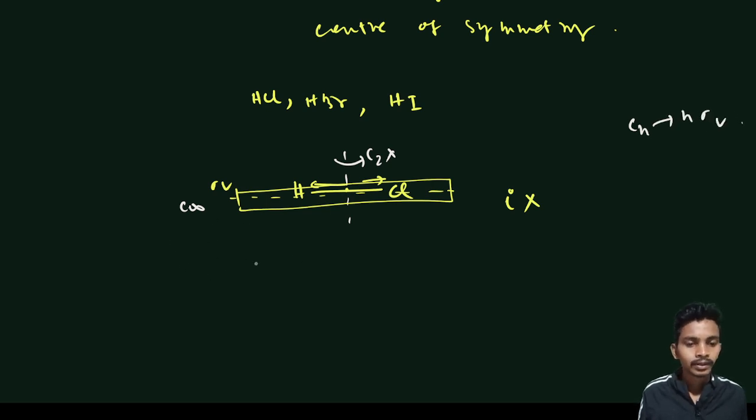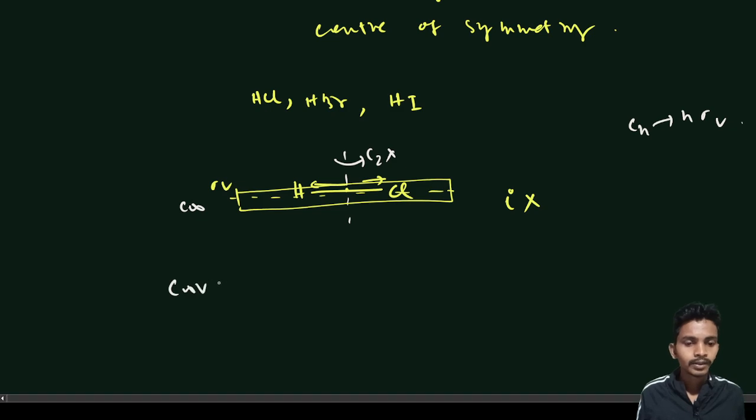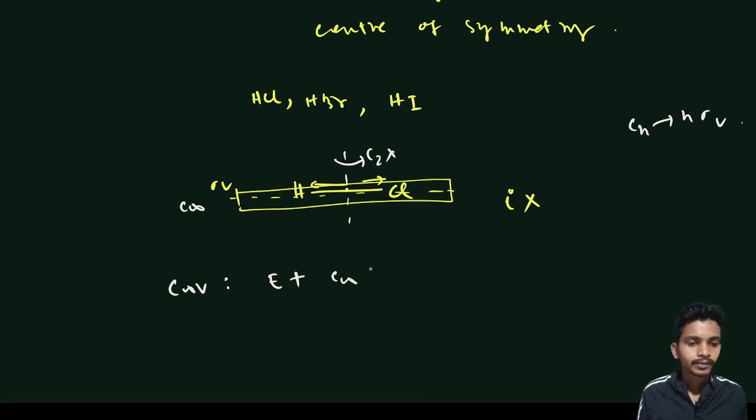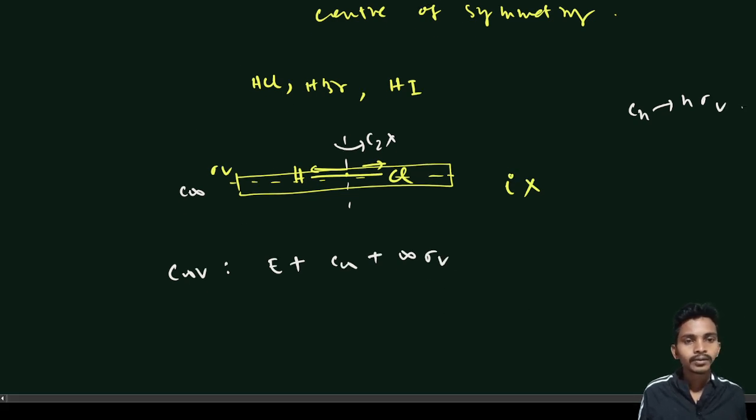So what are the group elements for C infinity v? One is E, which should always be there. Another is the principal axis C infinity, and here one sigma v is there, then infinity sigma v is present. So these are the elements for this group.